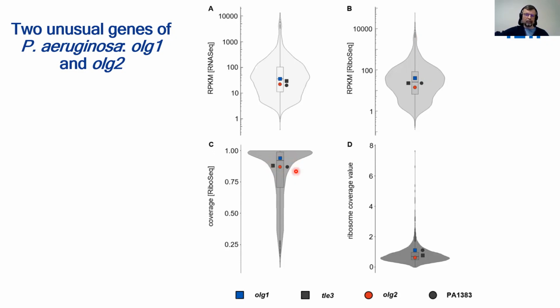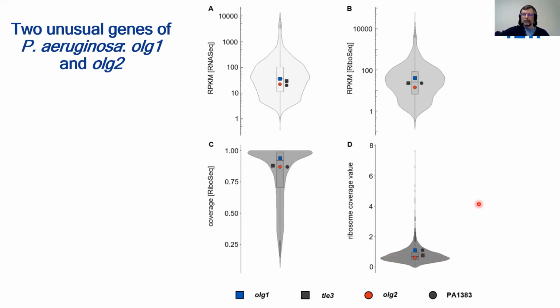And you see this fits nicely with most other genes. And what we can also see is how well the messenger RNA is translated. So some are translated extremely well, but only very few, and most are translated around 1-ish. So this is a standard kind of factor.